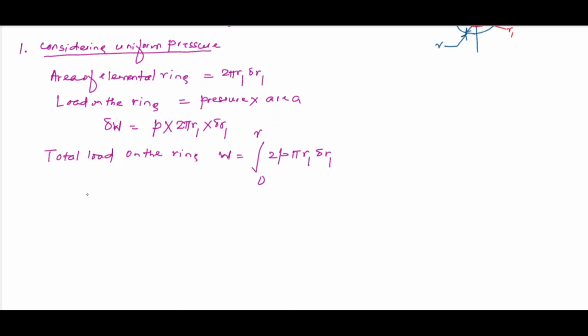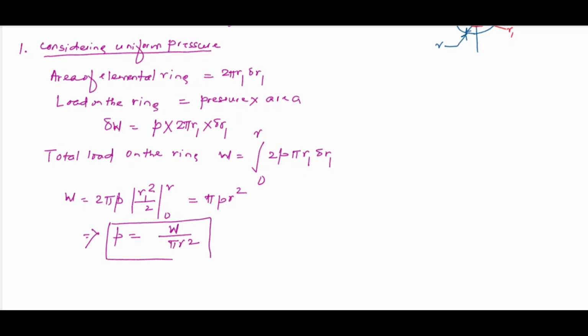So your W will be, take this out, 2 pi p, so we have r1 square by 2 from 0 to r. So it will be equal to pi p r square. So you can say intensity of pressure p will be W by pi r square. This is the intensity of pressure.